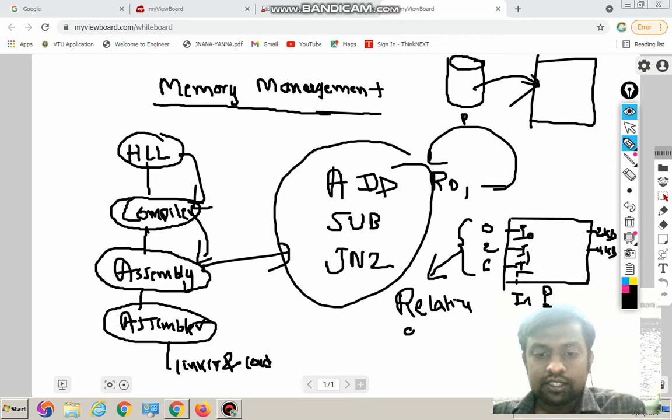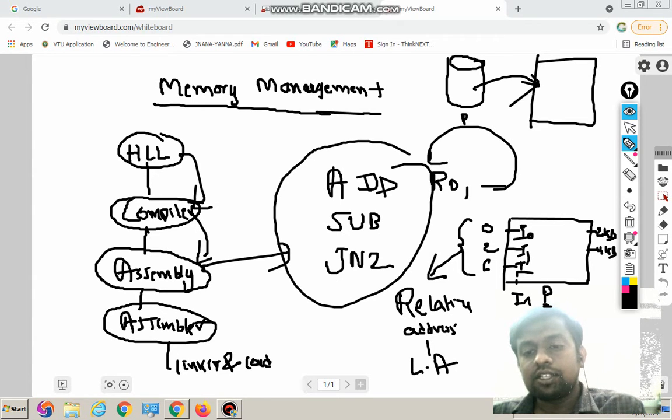These are also called logical addresses. Why are these relative addresses? Initially we start with one particular address, and based on the memory allocated we get that sequence. Like 0, then 2 because of 2 KB, then 4 KB, then 2 to 6. So these are called relative addresses.